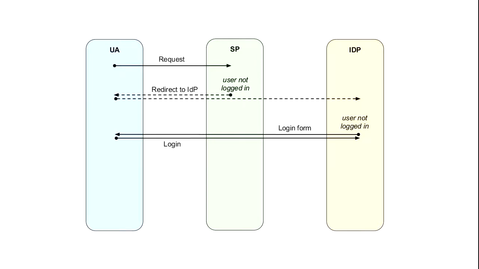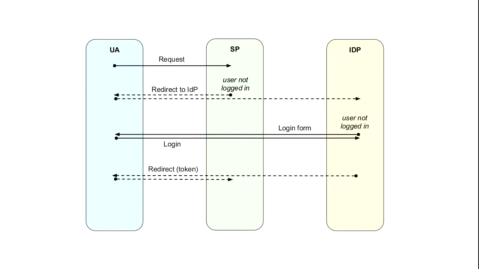Okay, so the user here sees a login form, they enter their credentials and post that back to the identity provider. The identity provider can now authenticate the user, and if the user is authenticated, the identity provider then, using the redirect URL that was included in the initial redirect to the identity provider, redirects the user agent back to the service provider.